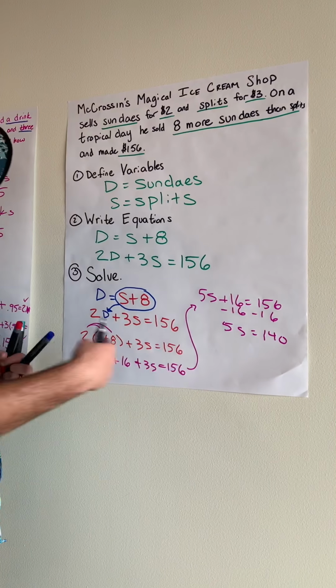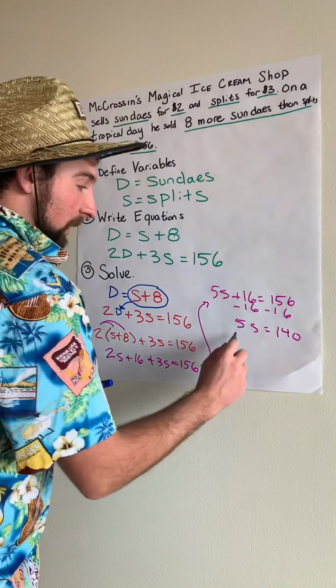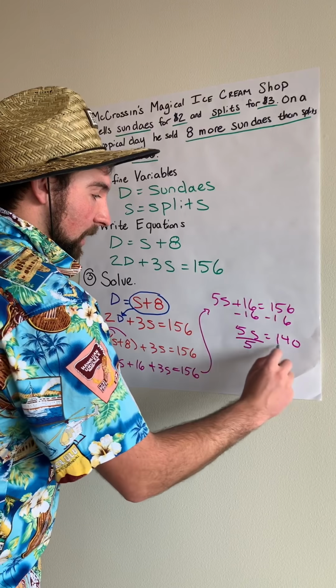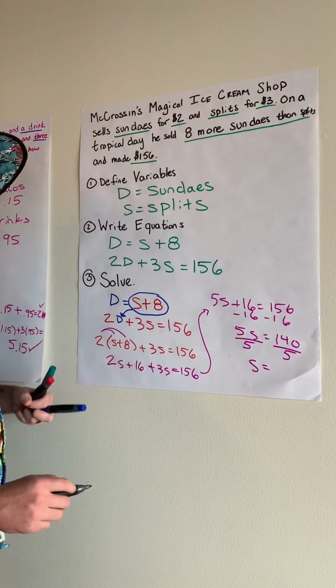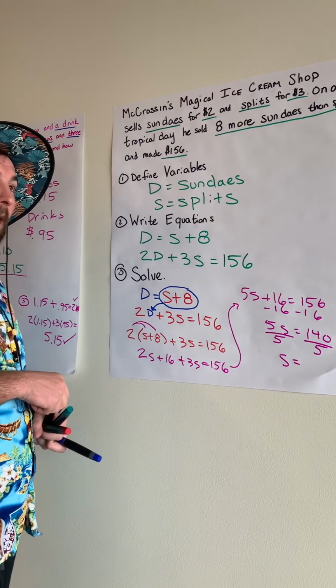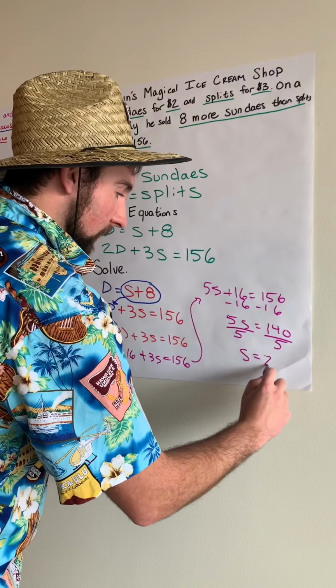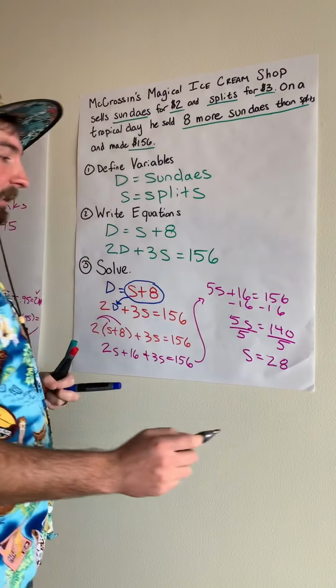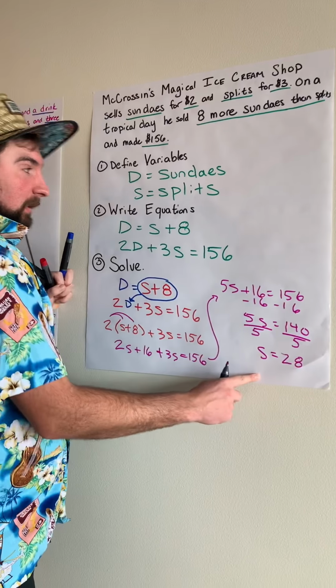5 times S, the opposite of multiplication is division. So we are going to divide by 5, and S equals 140 divided by 5. Oh my goodness, that's a lot. That's going to be 28. So I have 28 equals S. So I know I sold 28 splits.